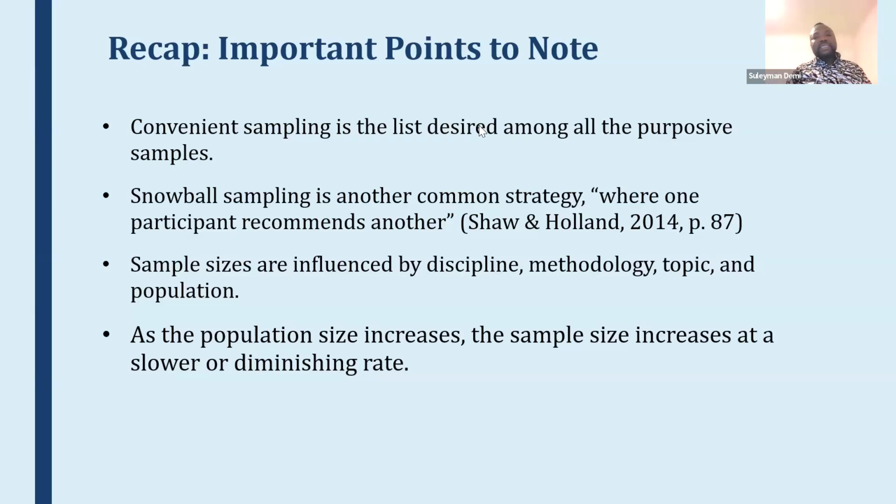Snowball sampling is another common strategy where one participant recommends another. You know this one. Then sample sizes are influenced by discipline, methodology, topics, and population. So take note of that.